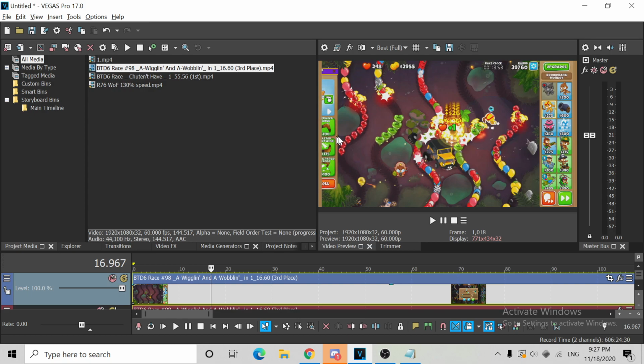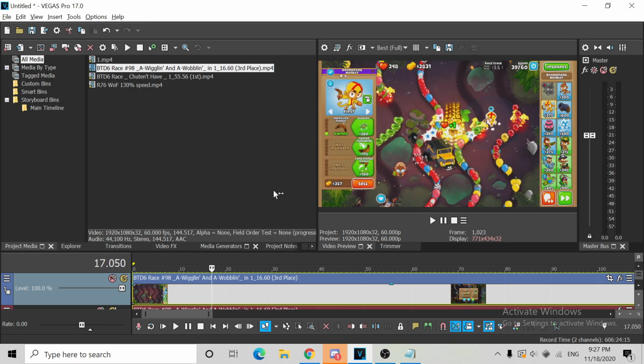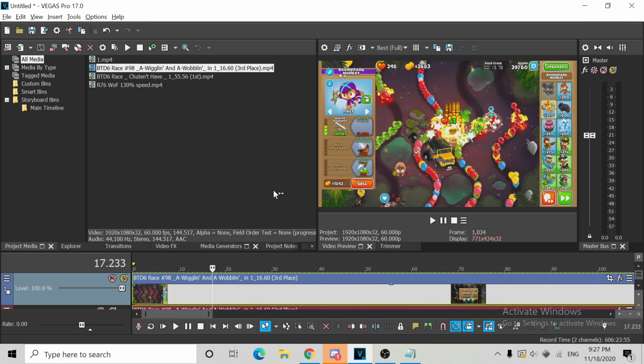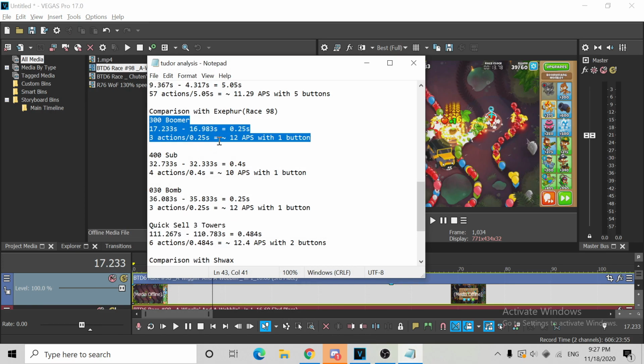See here, it was 000 right here. Now it's 100. And then first upgrade, second upgrade, third upgrade. So 17.233. So that's about 3 actions over a span of 0.25 seconds, which gives us about 12 APS with 1 button.